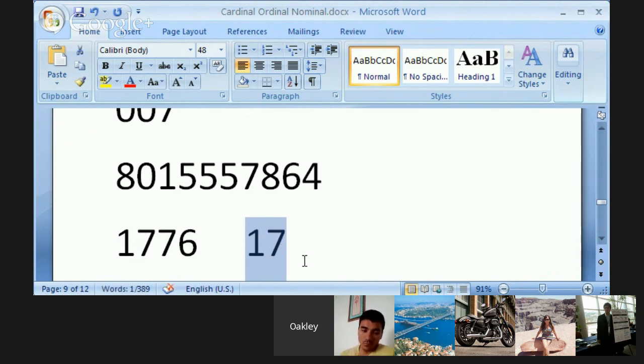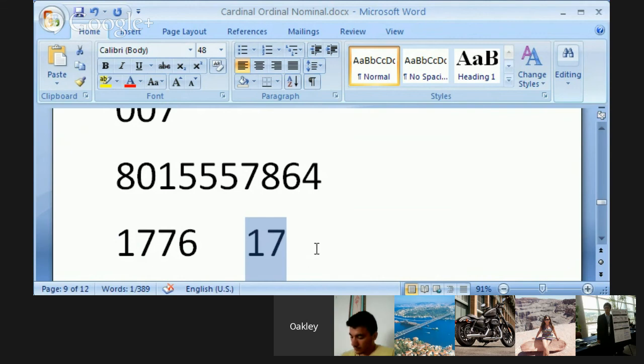Okay, you really need to be careful to give primary stress to teen at the end to differentiate it between 70 and 17. 17. Right. And when I say 70, 70. Very good. That's good.